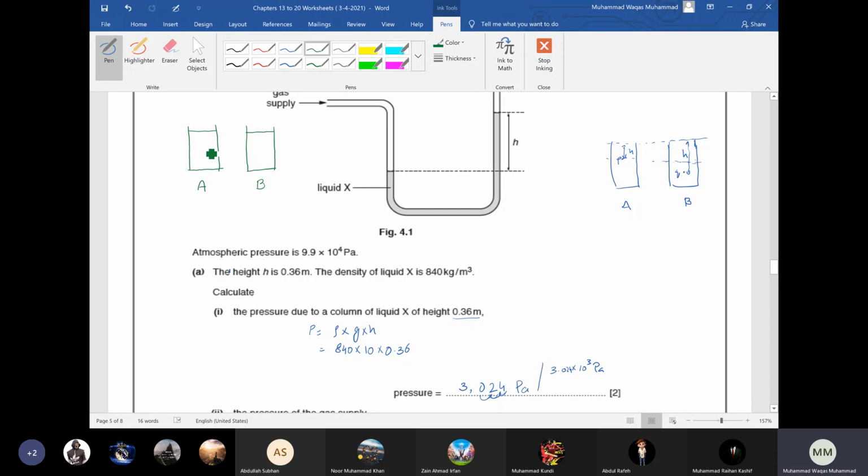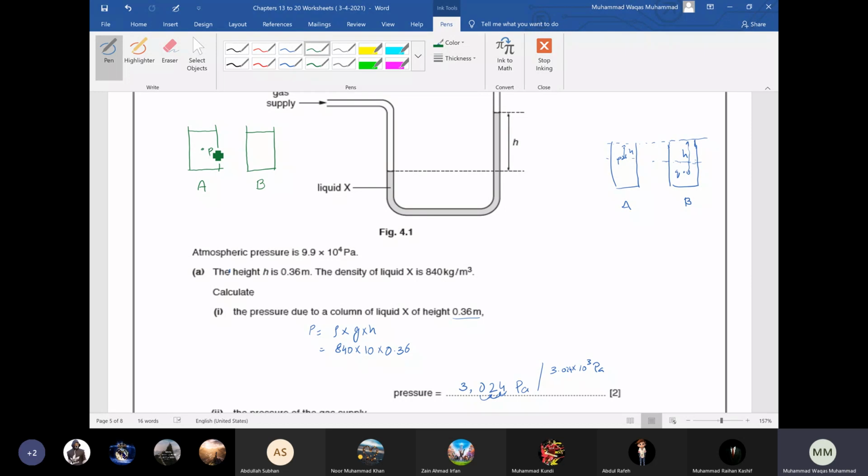Let's say we have a point here. Let's call this point P. There is a certain pressure: liquid A exerts a certain pressure at point P, right? Right or wrong, beta? Right, sir. Shabash, beta.